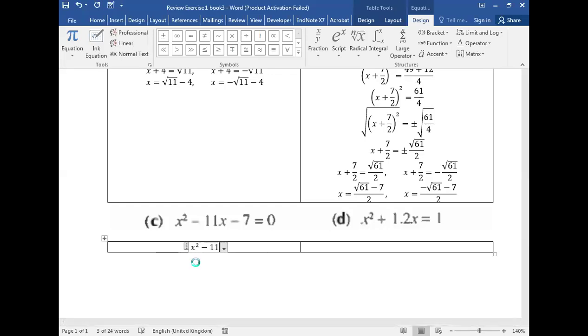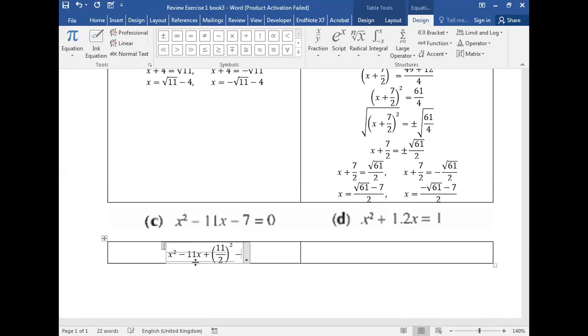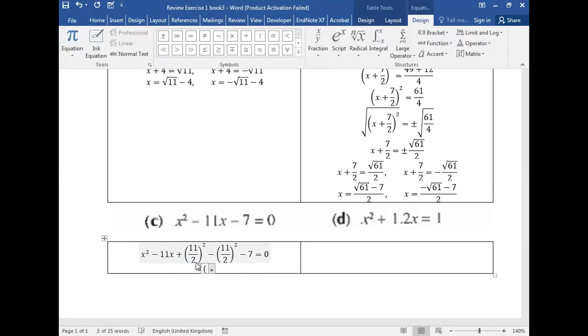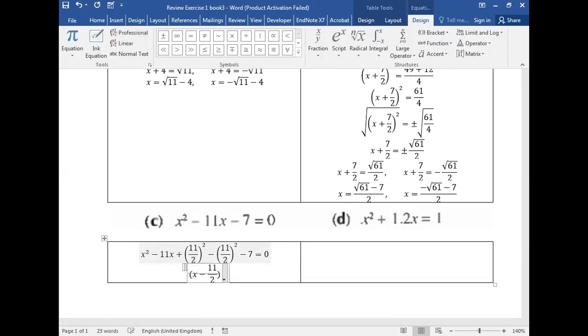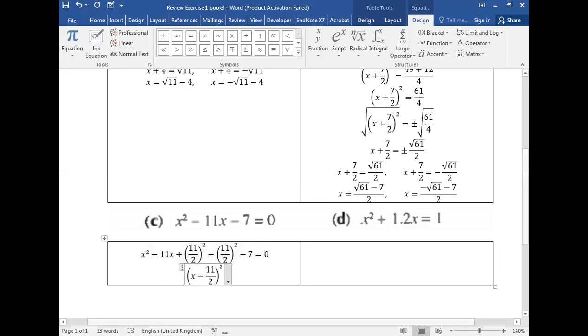x square minus 11x equals... here also we add 11 upon 2 whole square and subtract 11 upon 2 whole square, minus 7 is equal to 0. This becomes x minus 11 upon 2 whole square, and I am left with minus 121 upon 4 minus 7.